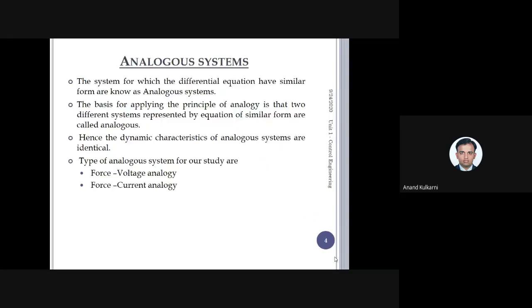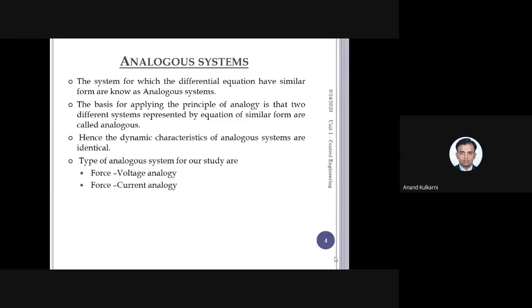Now, why is this analogy system necessary? The systems for which differential equations have similar form are known as analogous systems. In control systems we do not interact only with mechanical systems. We interact with hydraulic systems, electrical systems, and so many systems.